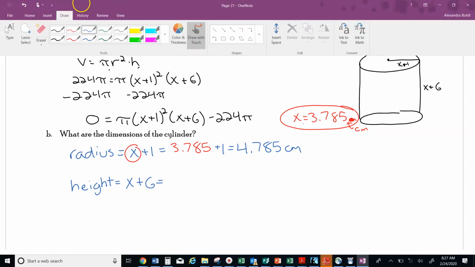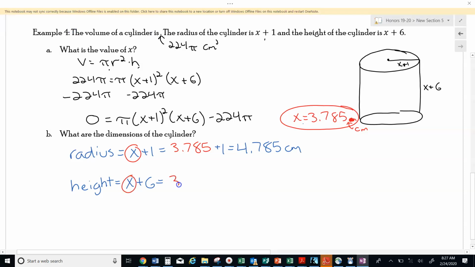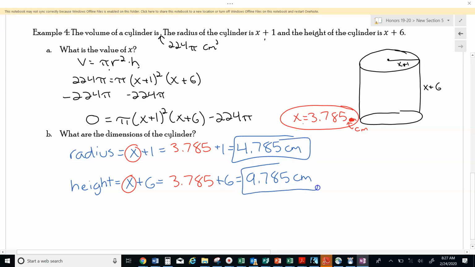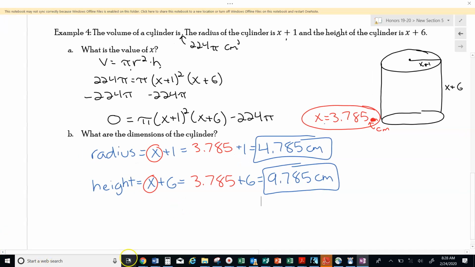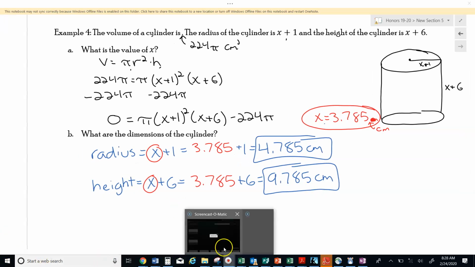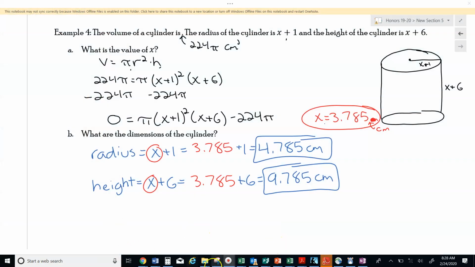Again, plugging that x in, we get 3.785 plus 6, which is 9.785. And that is it. We are done. Have a great rest of your day.